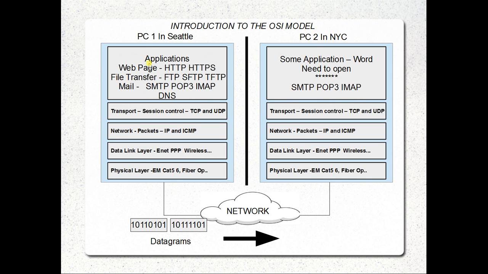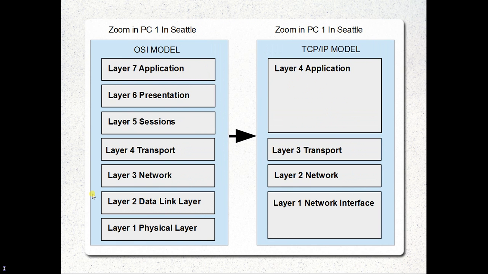So if I'm on an application here and I open my browser and I want to get a web page from this server, the computer has to literally break down the information into different stages, and then we walk through these stages, the transport layer, the network layer, the data link layer, and then across the physical layer to the other server. So that's where the OSI model comes in.